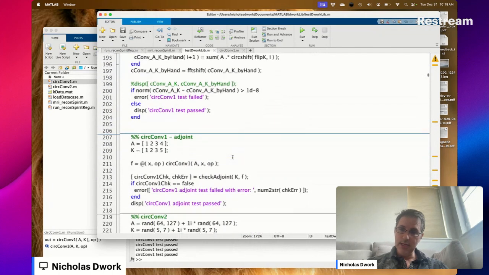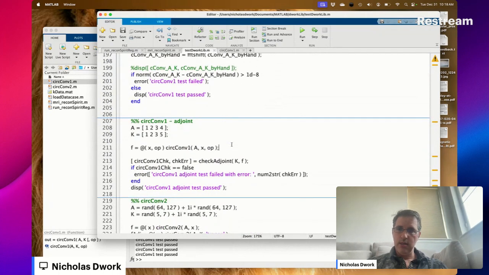I could do that for the adjoint. I could create the matrix for the circular convolution, take its adjoint, and then multiply that times K.